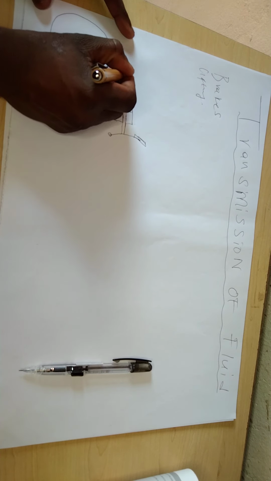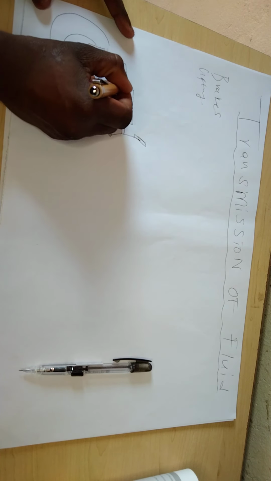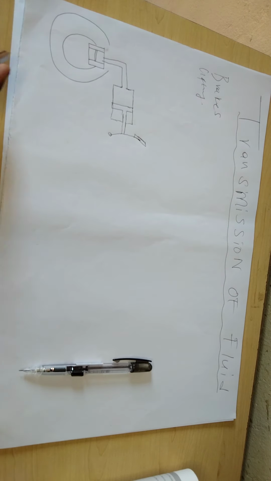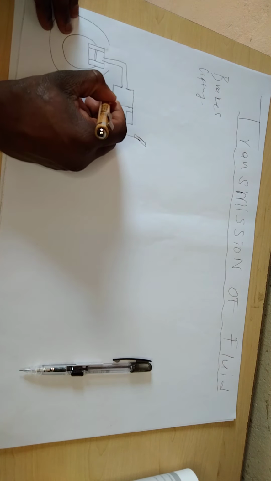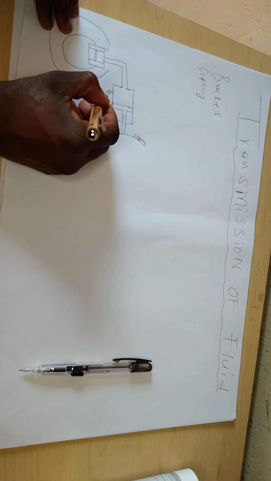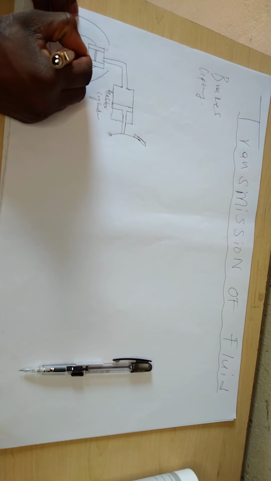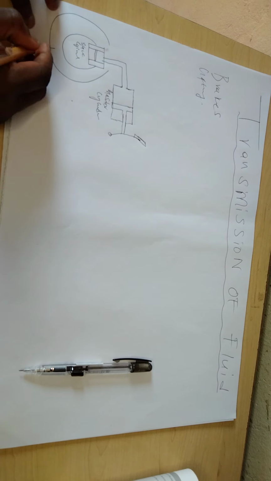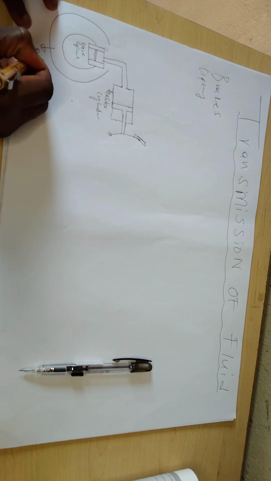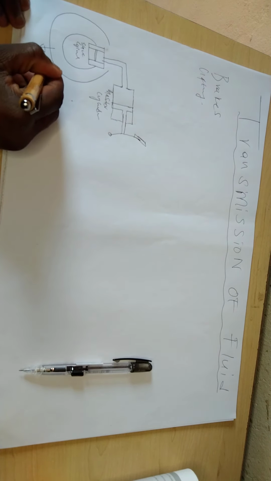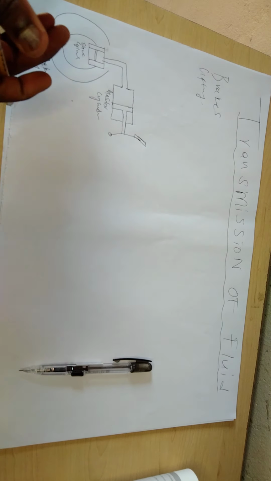And here we have our pipe coming to the slave. I call this the master cylinder. I call this what? A slave cylinder. This in particular is a drum, a brake drum.